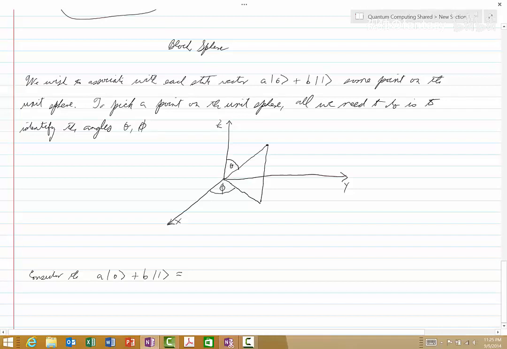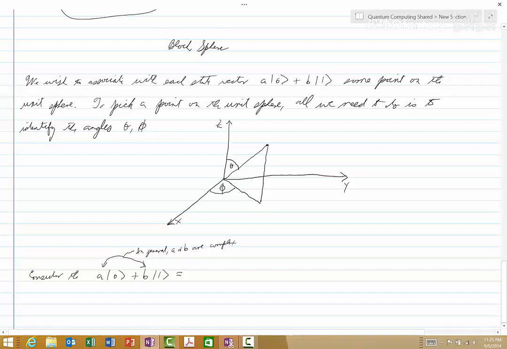Now, A and B, you should understand from our previous discussion that in general, A and B are complex. And therefore, we can write both of these complex numbers in polar form.